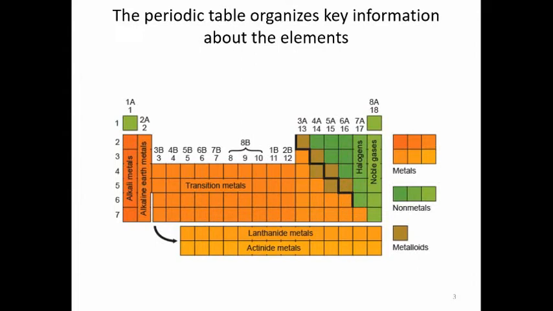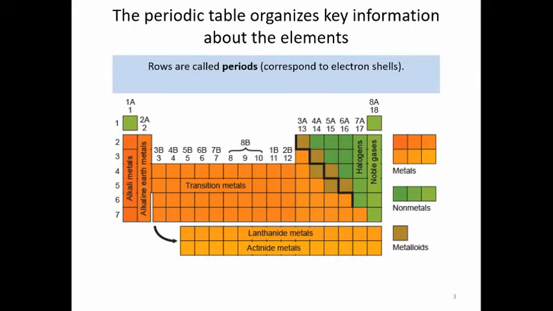If we take a closer look at the periodic table, we see that the elements are laid out in rows, also called periods, which correspond to the electron shells within an element's electron configuration. The columns on the periodic table are also known as groups or families, and these elements often have similar properties.